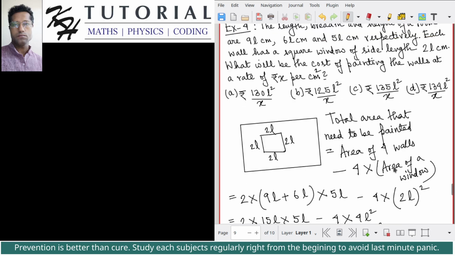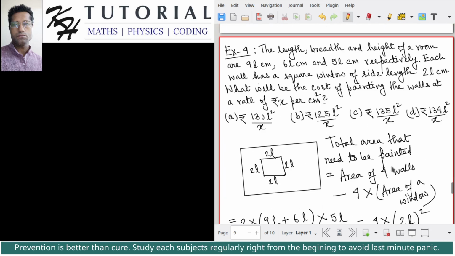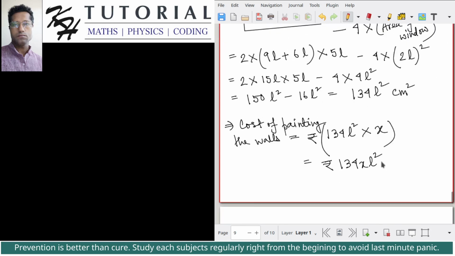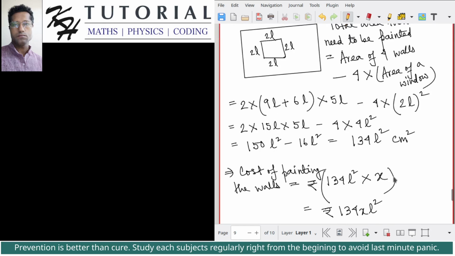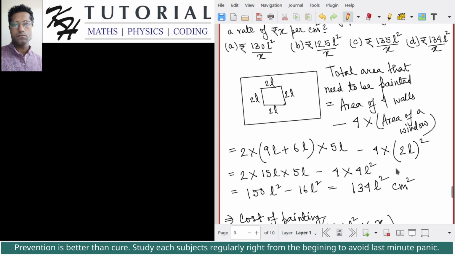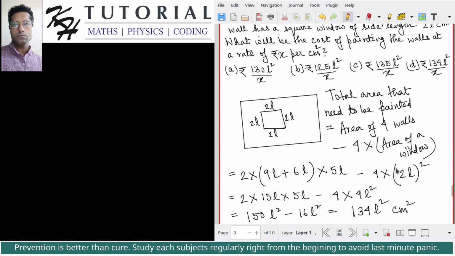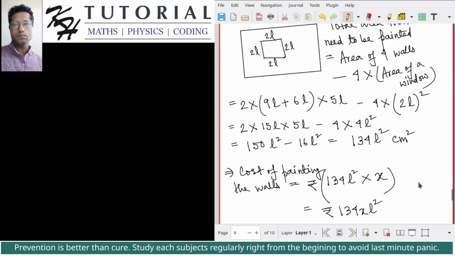Oh, so the choices are also given wrong. What will be the cost of painting the walls at a rate of ₹6 per centimeter square? So definitely the net area is 134L square centimeter square, and the rate of cost of painting is rupees X per centimeter square. So definitely the cost of painting the entire walls will be 134 XL square.